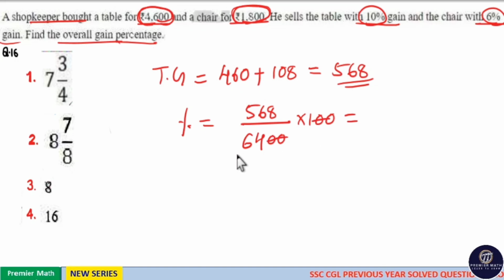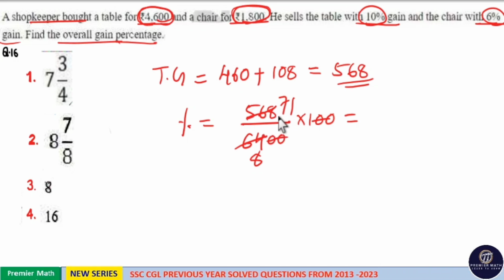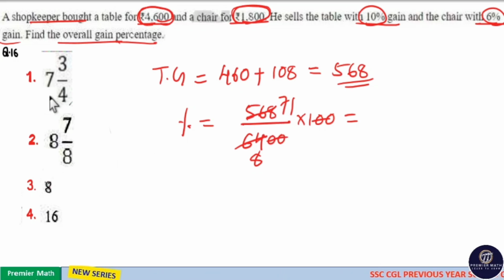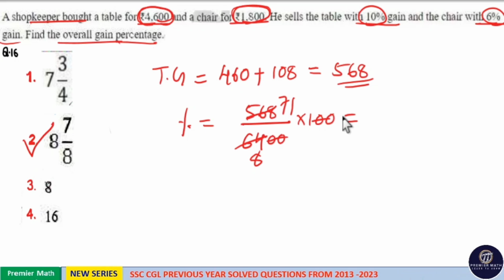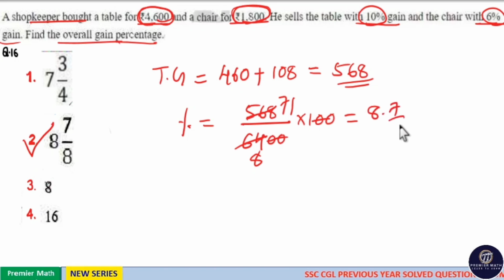Now 8 goes 8 times in 64, 8 goes 7 times in 56, 8 goes 1 time in 8. So 71 by 8 means 8 goes 9 times in 72. So it is nearly 9. So here nearly 9 is option 2. 71 by 8 is 8.9. So option 2 is your answer.